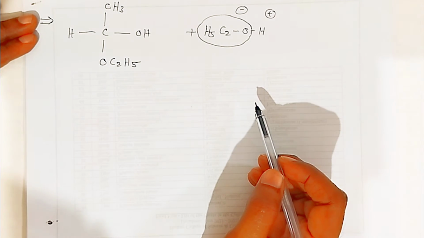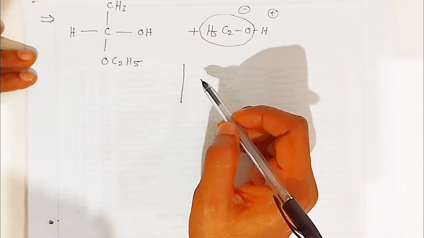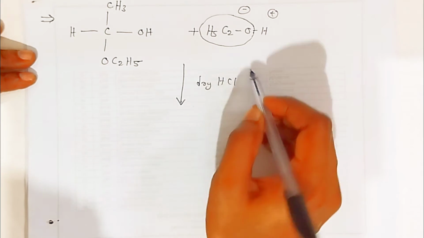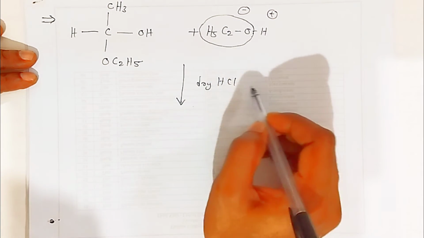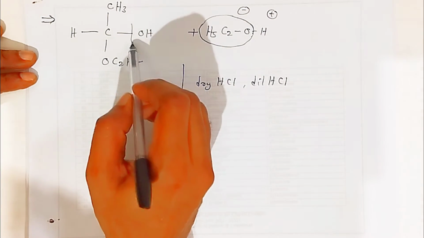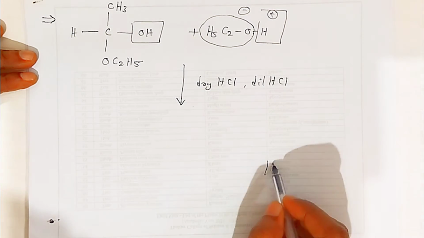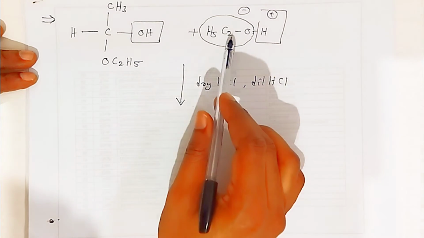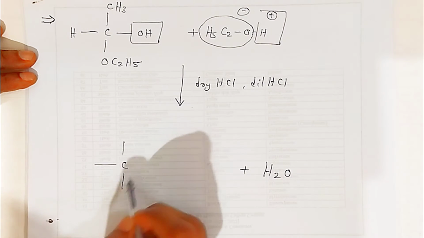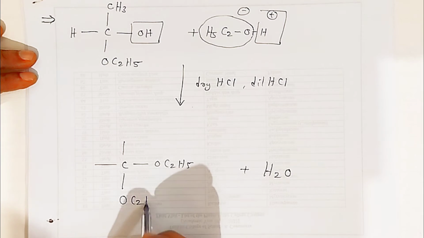Now in presence of dry HCl and dilute HCl, this hydroxy combines with hydrogen and forms a water molecule. There is elimination of water and this ethoxy is going to be added like this. So this will form OC2H5 and the rest is as it is.